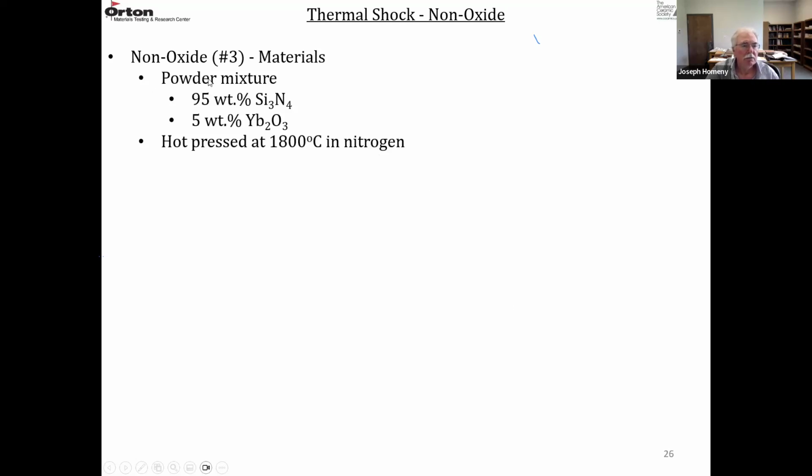So the material was 95% silicon nitride, Si3N4, and then the sintering aid was 5 weight percent Yb2O3. These were hot pressed at a high temperature, 1800 degrees C, under a nitrogen atmosphere to prevent oxidation of the silicon nitride.